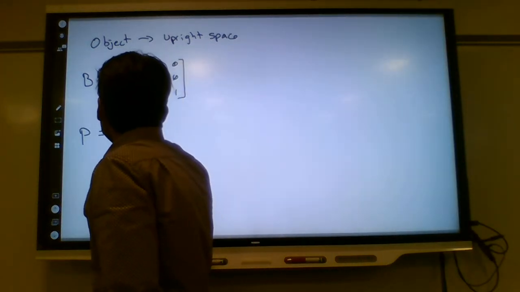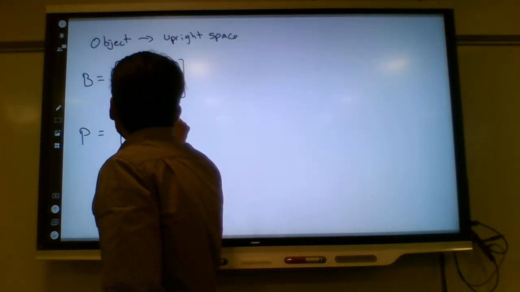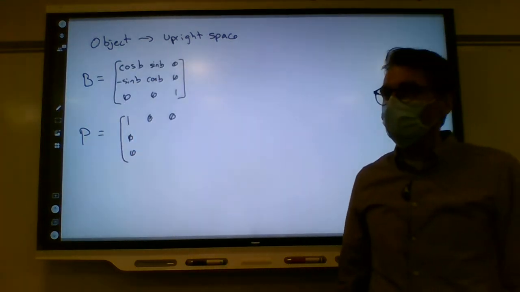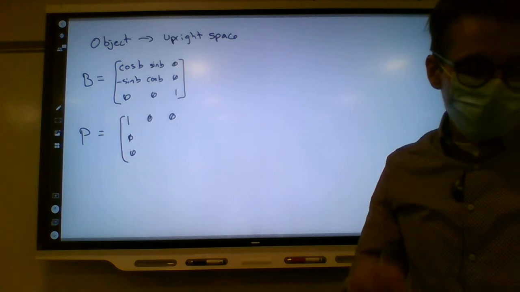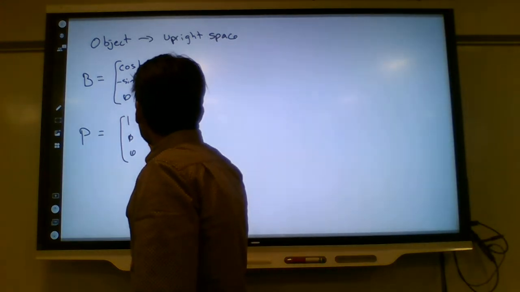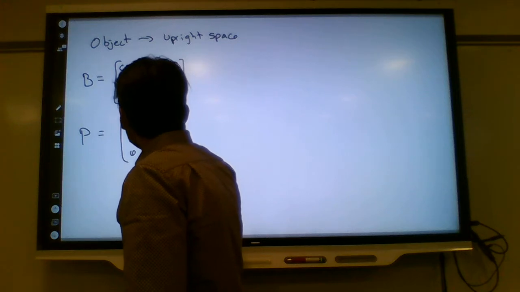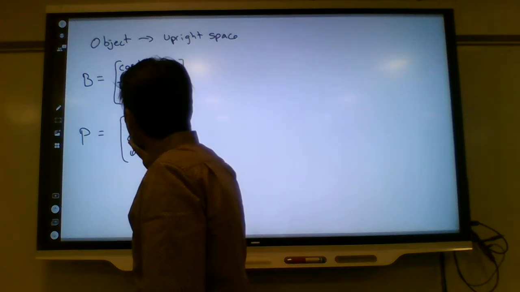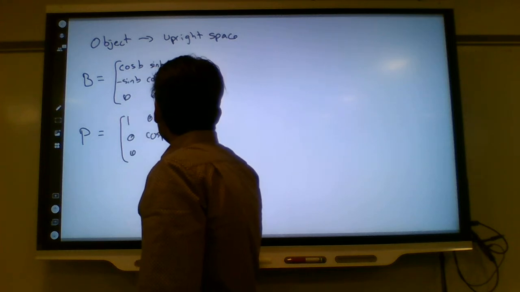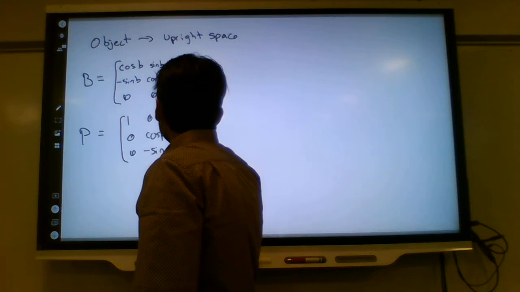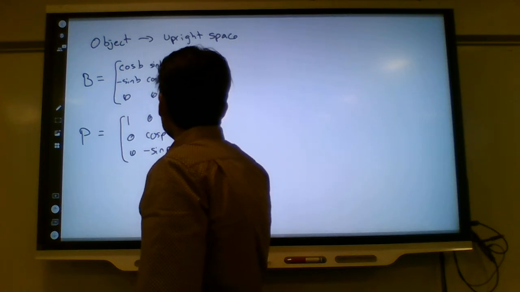This means that the x part is left alone, and it's just going to change the other values. And what happens? Let's just do 0. Cosine p, sine p, negative sine p, and cosine p there as well.